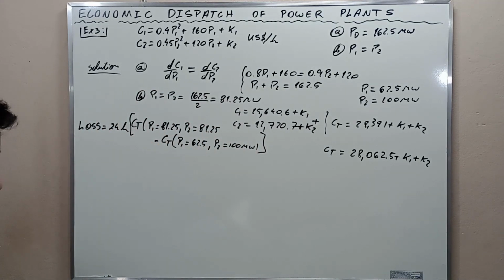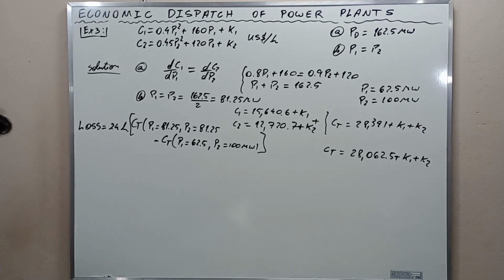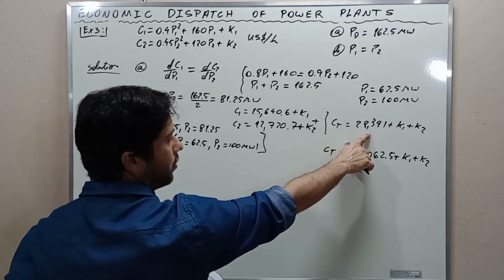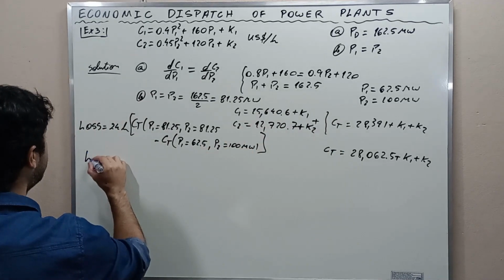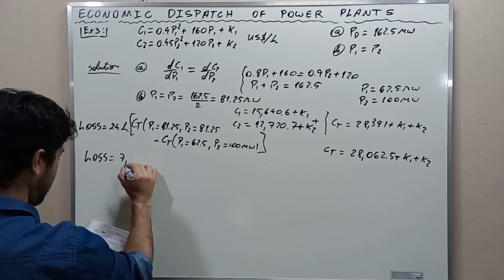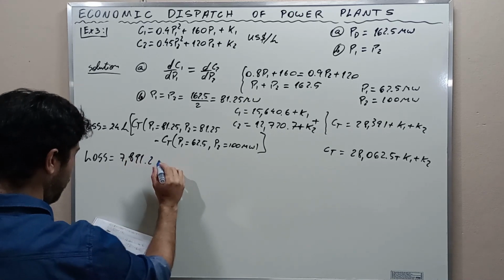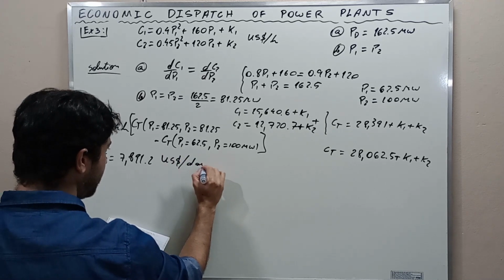And the difference between them is going to be the loss per hour, multiplied by 24 is the daily loss. And for the daily loss, you simply put this here and this here, and the loss will be equal to 7,891.2 dollars per day.